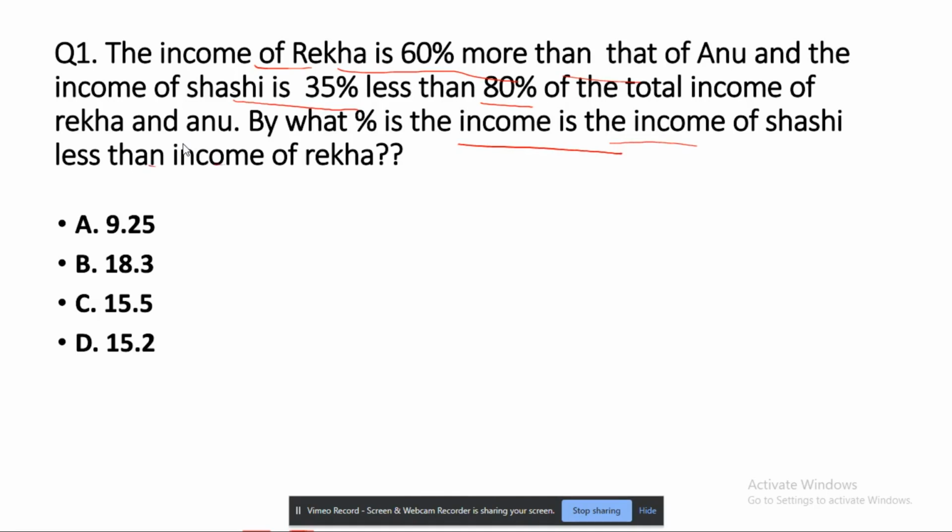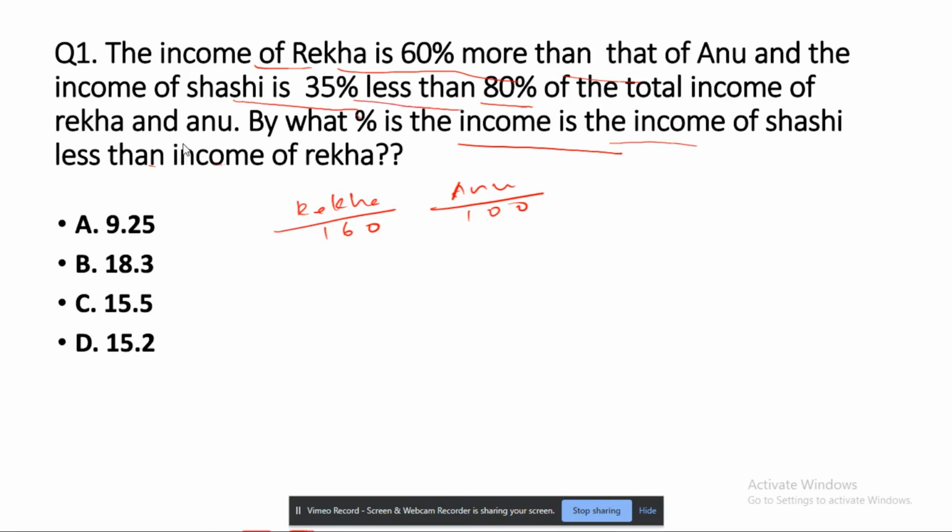The income of Rekha is 60% more than that of Anu. So let's assume income of Anu as 100. So the Rekha income will be 60% more than Anu. That means 160. Then income of Shashi is 35% less than 80% total income of Rekha and Anu.